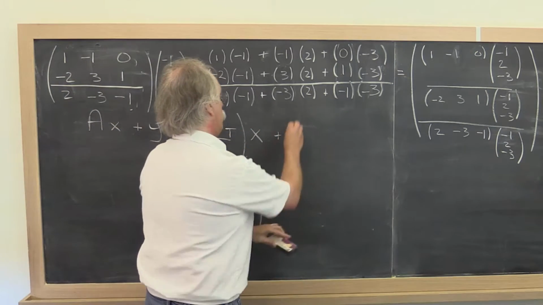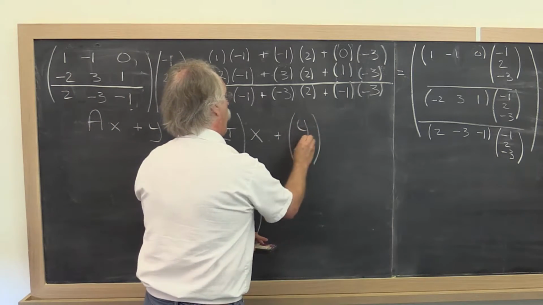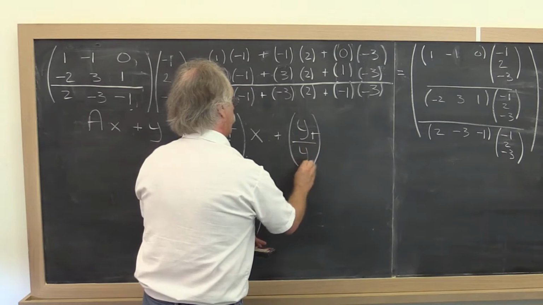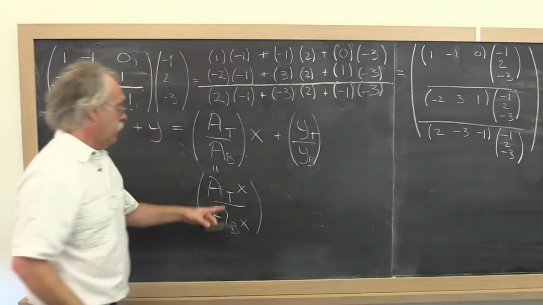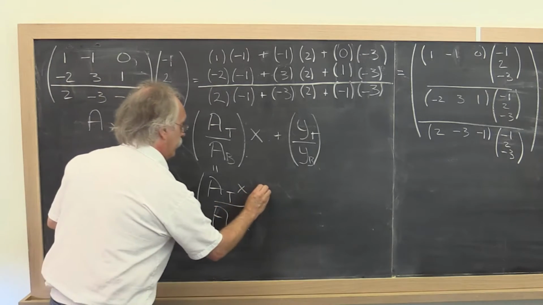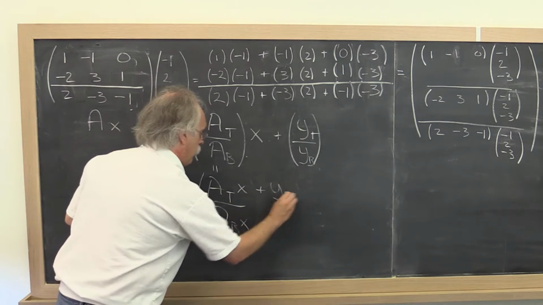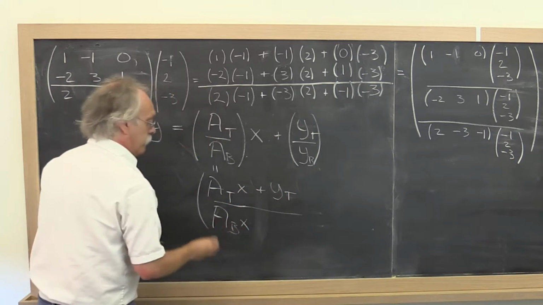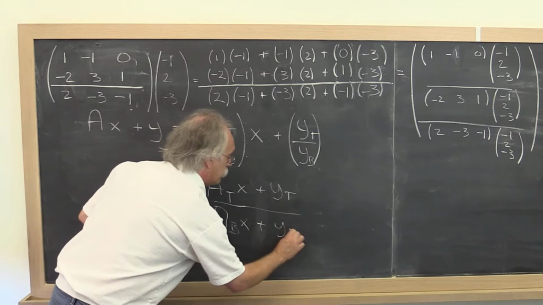So really what we should have done here is said, oh, Y is partitioned into a top part and a bottom part, and then the result of this operation is this plus the top part of Y, and the bottom part adds to the bottom part of Y.